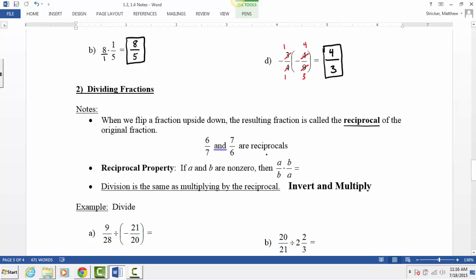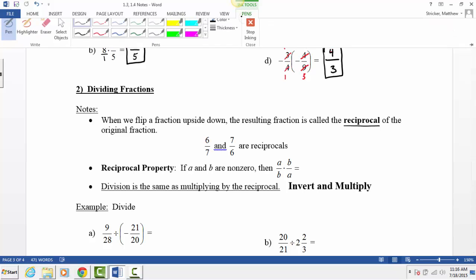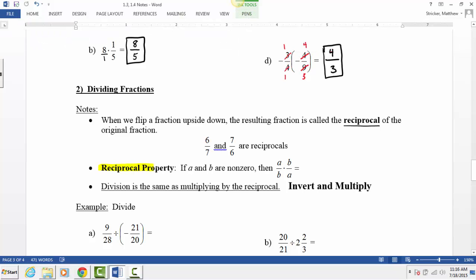Those are called reciprocal fractions. And so we then have what's called the reciprocal property, which says that if we multiply two reciprocals, a over b times b over a, the b's cancel and the a's cancel. What's left? Everything cancels. We're just left with 1.